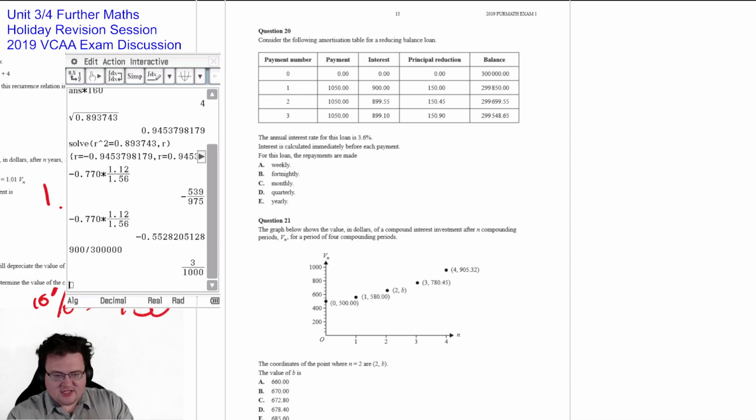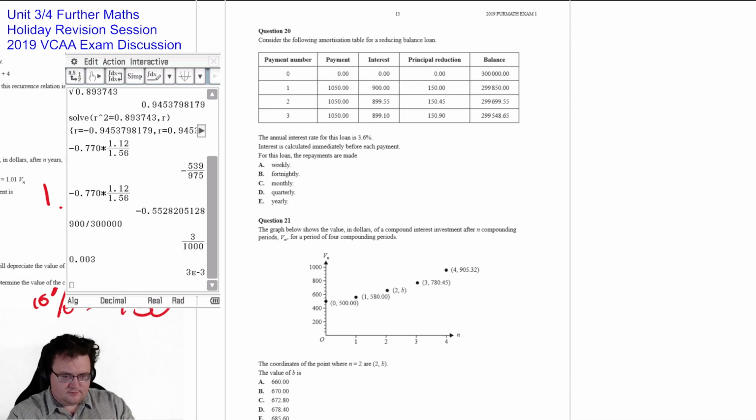That's 0.003. But how does that connect to what we've already got? The annual interest rate is 3.6.